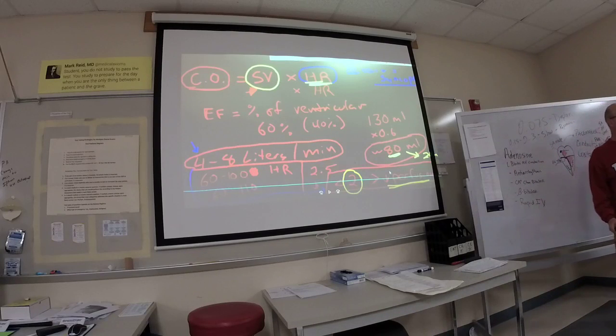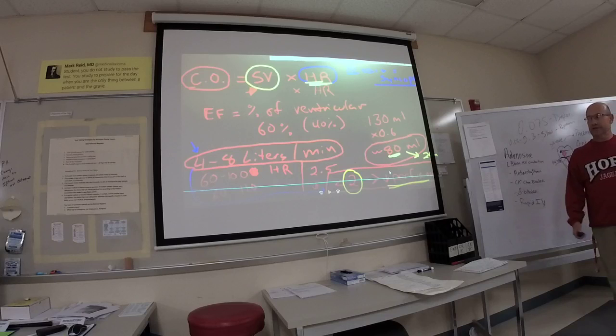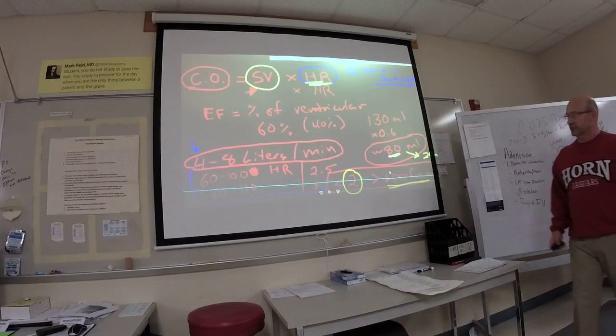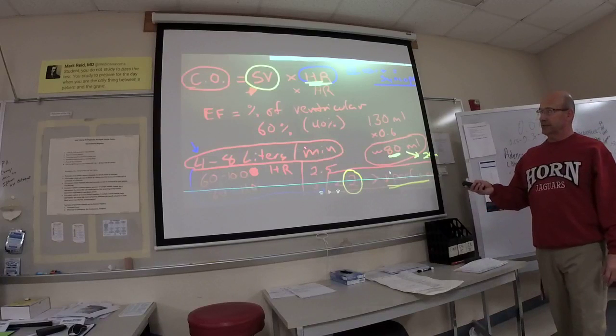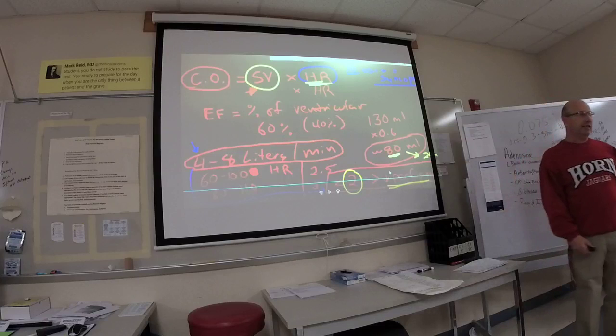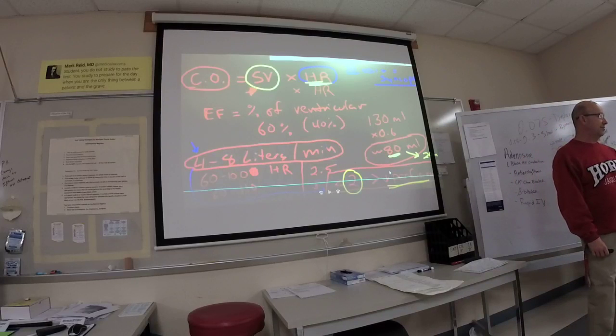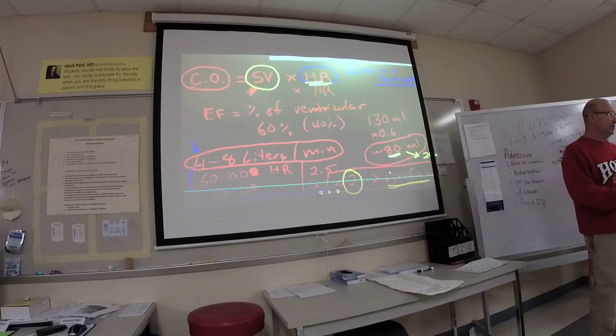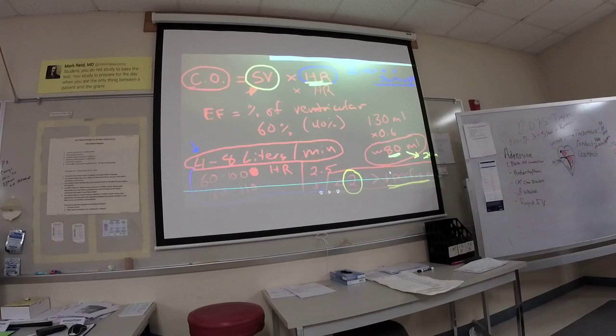Anybody remember the normal ejection fraction? 55, good. 55% ejection fraction. These guys that are dying from congestive heart failure, some of them have 15, 10%. With a 10% ejection fraction, you couldn't walk across the room. You'd have to stop every few steps. So they measure that ejection fraction.